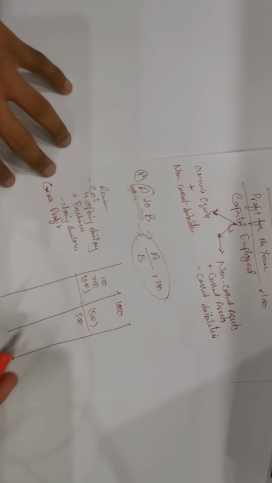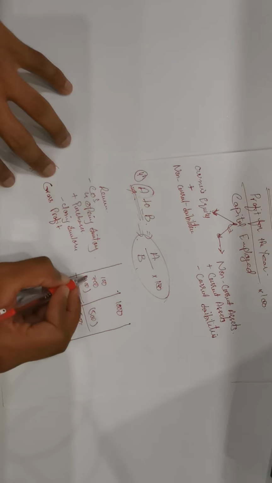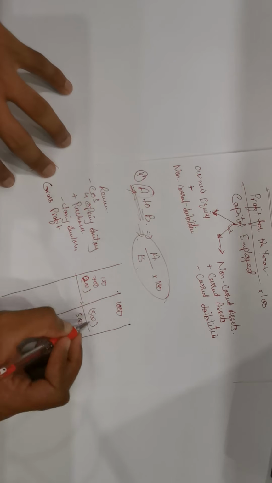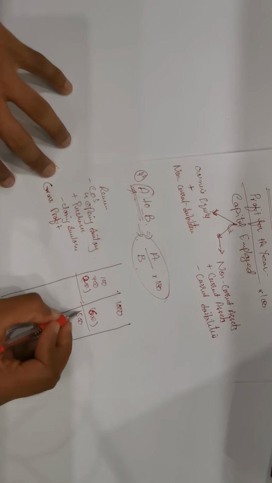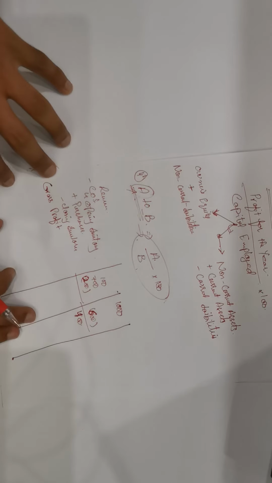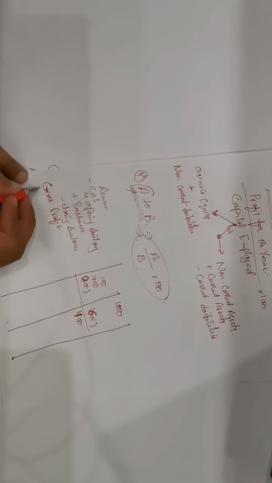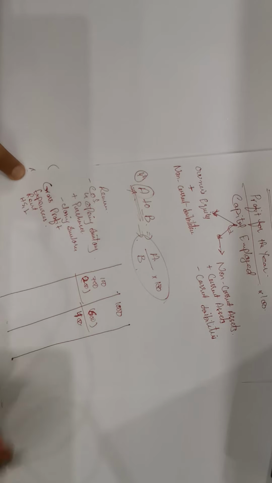After that, these figures won't be justified. Let's make it 200. This would be 600, and this would be 400, just for better understanding. Then we have expenses, and expenses could be rent, heat and light, and whatever the expenses are.